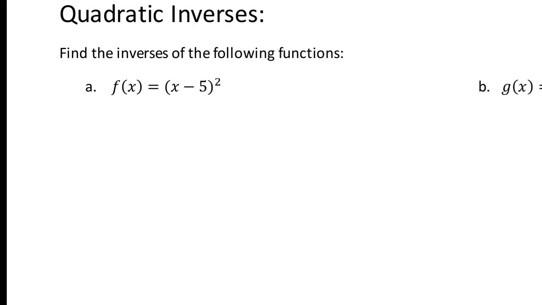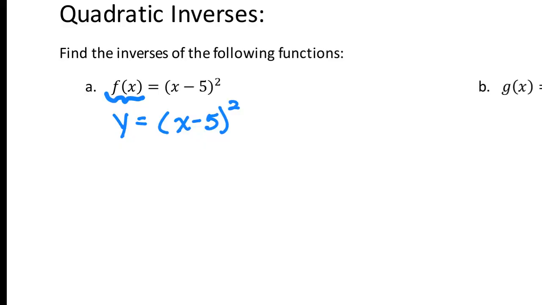I do not have a y in this picture, but I know that I can substitute y in for this f of x. So we're going to say y is equal to x minus 5, that quantity squared.